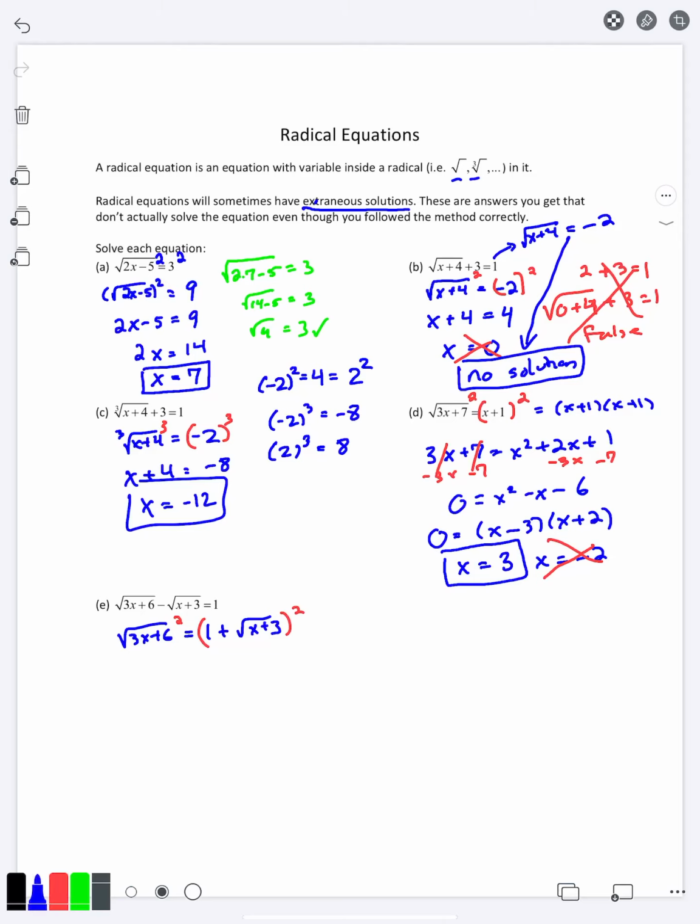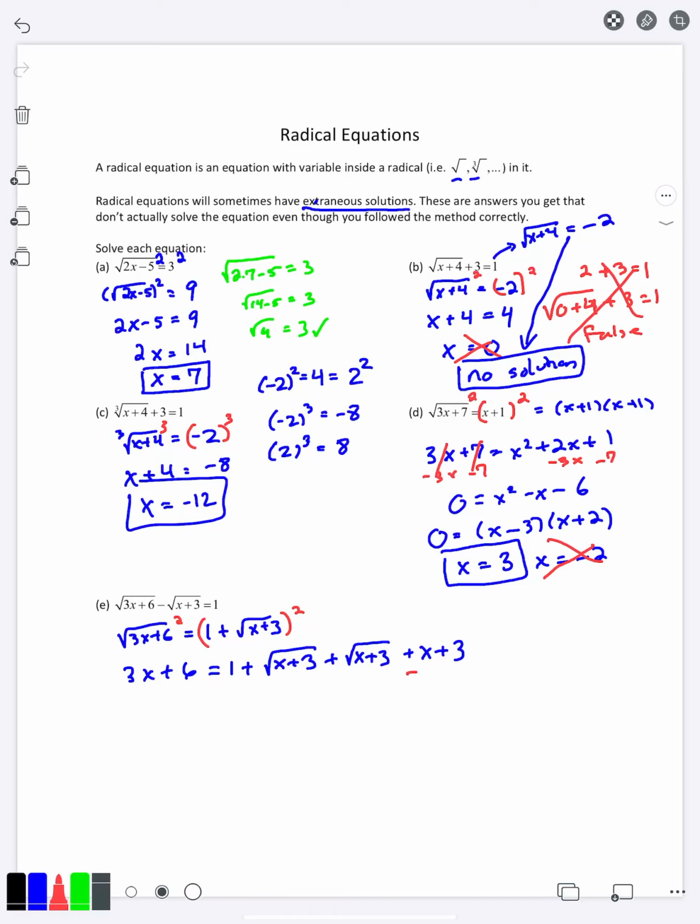When I square the left side, square root squared gets 3x plus 6. On the right side, I have to FOIL that out, and it's a big mess. The first would be 1 times 1, and the outer would be 1 times square root of x plus 3, and the inner would be 1 times square root of x plus 3, and the last would be square root of x plus 3 times square root of x plus 3, which is x plus 3.